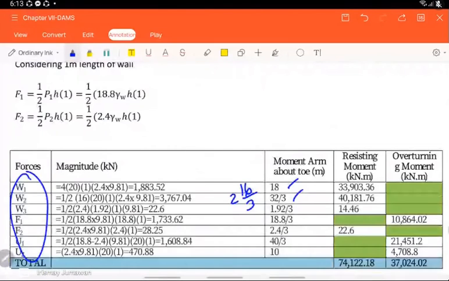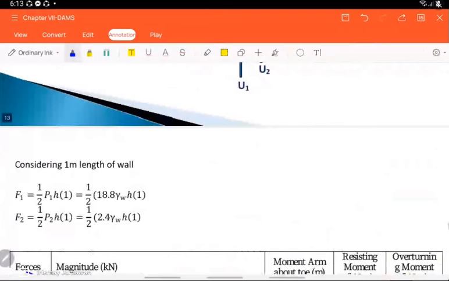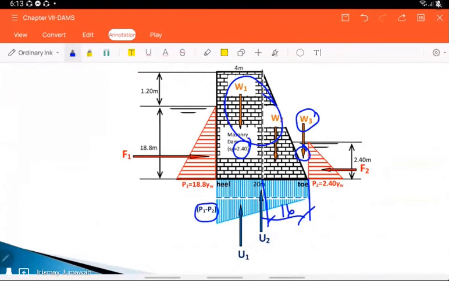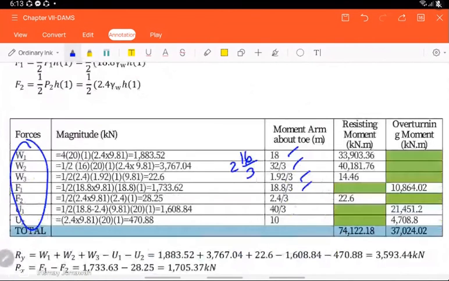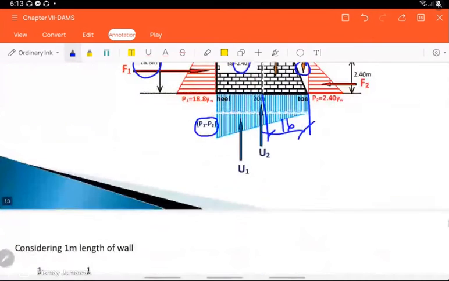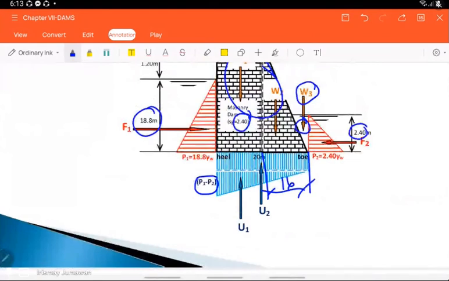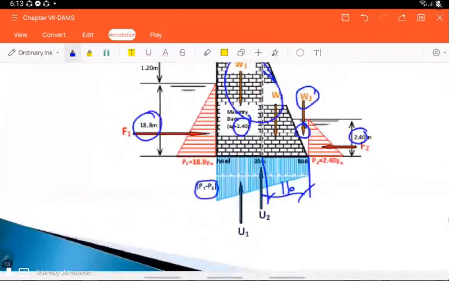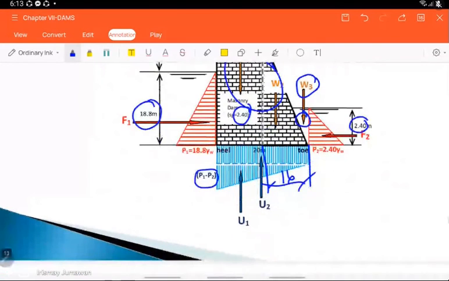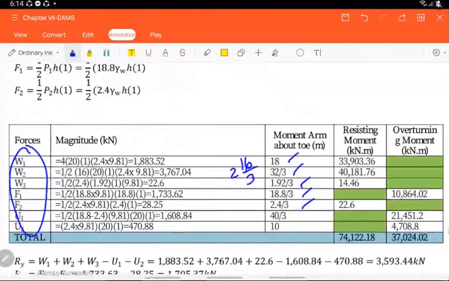X is 1.92. Then, F1 is 1/3 of 18.8, 18.8 divided by 3. Then, F2 is 1/3 of 2.4. Then U1, this is 2/3 of 20. So that is over 3.